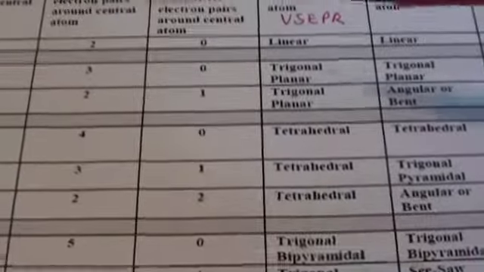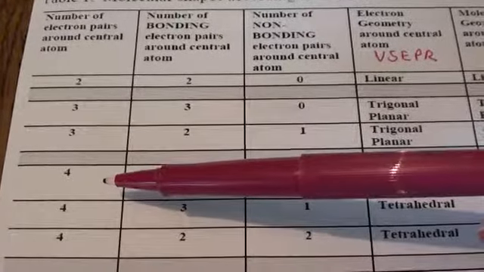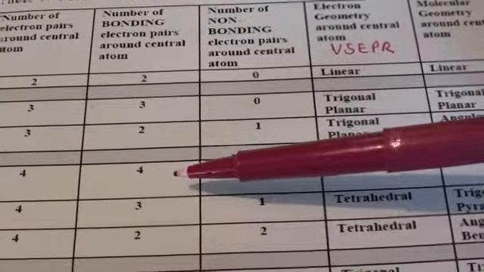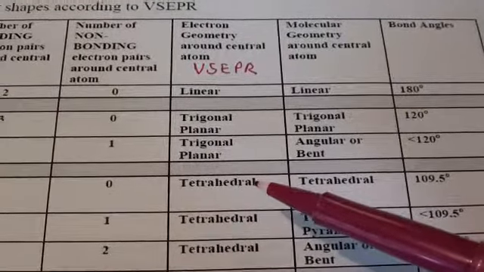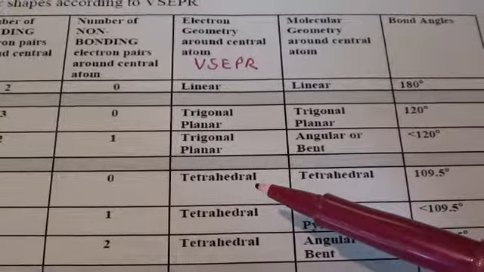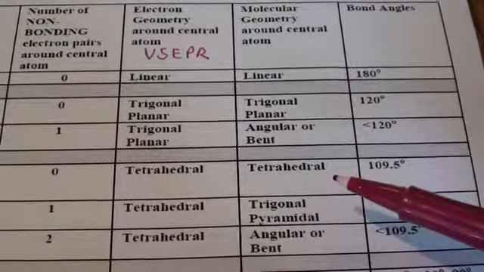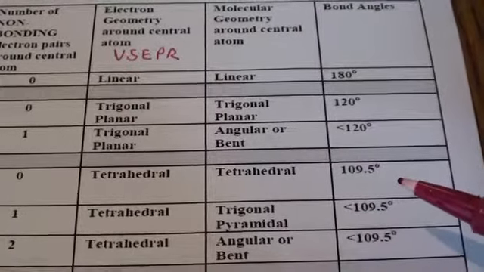We look to our chart. There are 4 electron pairs around the central atom. We have 4 bonding pairs, no lone pairs. So therefore it would be, by VSEPR, tetrahedral, by molecular geometry, tetrahedral, and the bond angles between the atoms would be 109.5.